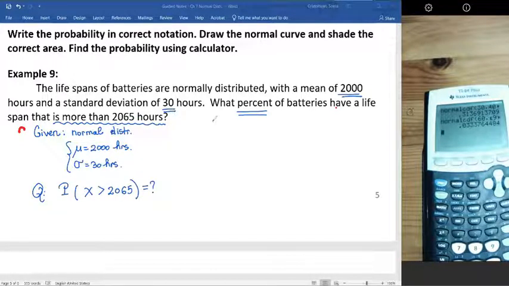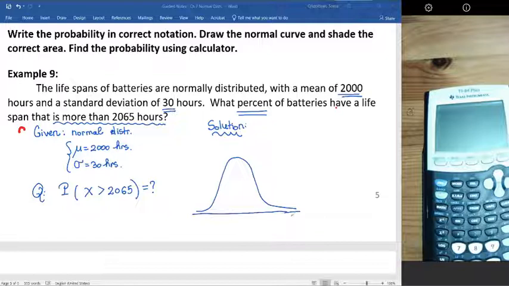So in order to show the solution, we start with sketching the graph. Here is the graph, X distribution, and this time it's again time. This is given in hours. We have the mean of 2,000 hours, and we are looking for probability of batteries that have a lifespan more than 2,065.